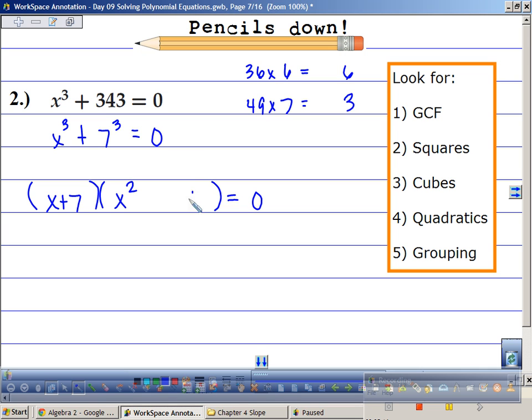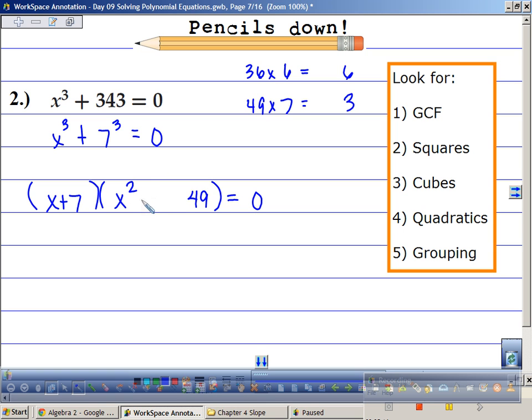No, 7 squared, 49, right? Because 49 times 7 is 343. It's real easy because they're squares. They're all squares. You're taking cubes and breaking them into one binomial and one trinomial, and these are squares.